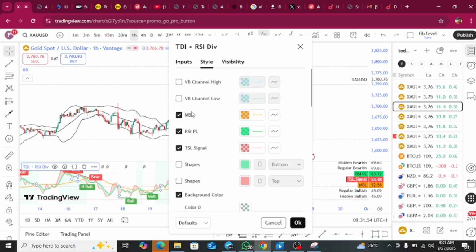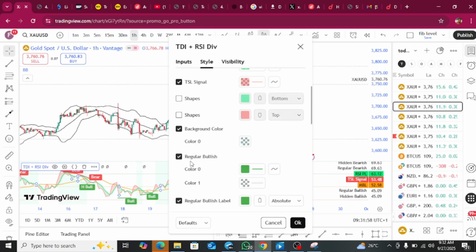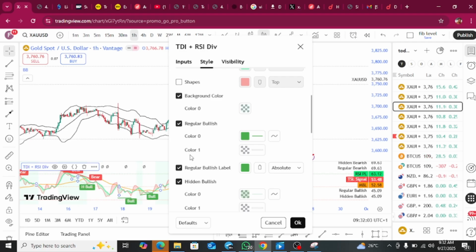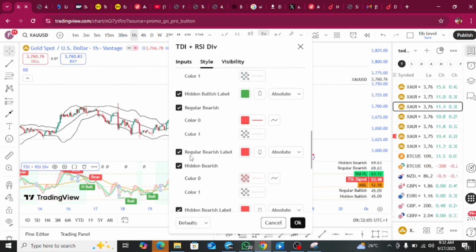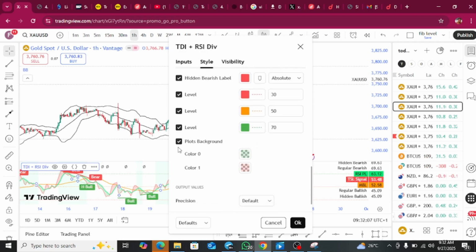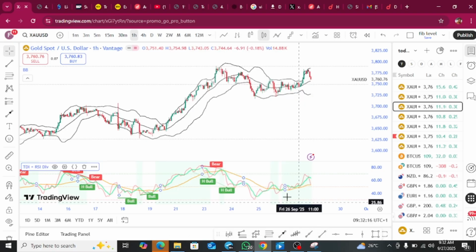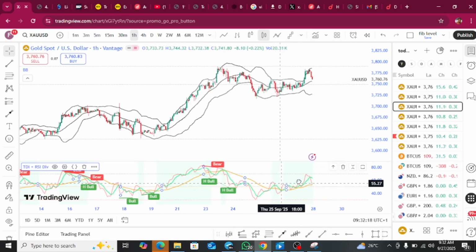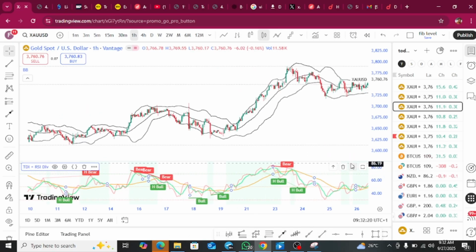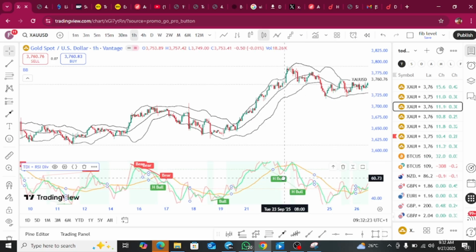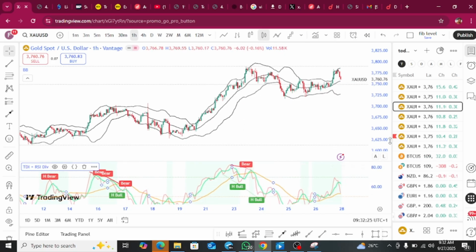I'll leave only these three: MBL, RSI and TSL. Remove the shapes, leave all this on, and then remove the background plot. I don't need the background color. Remove the labels and the value. So this is what I have on my chart, these two. This is what I have now on my chart.